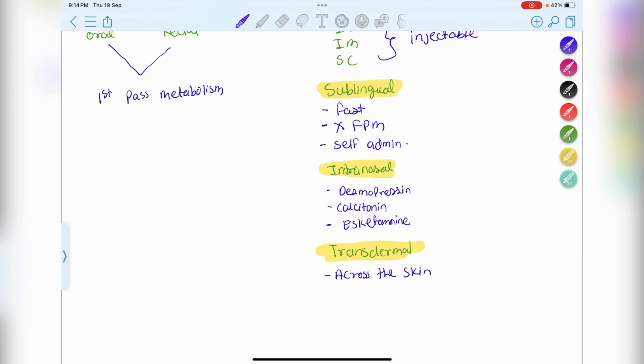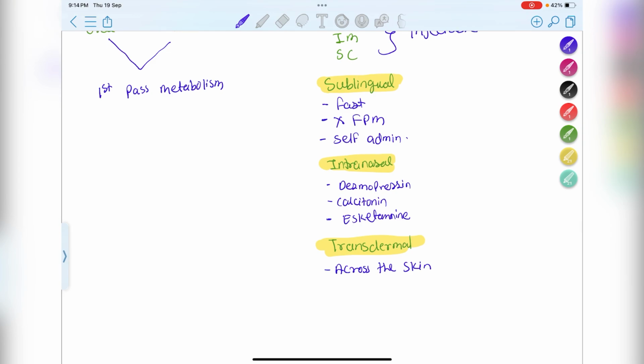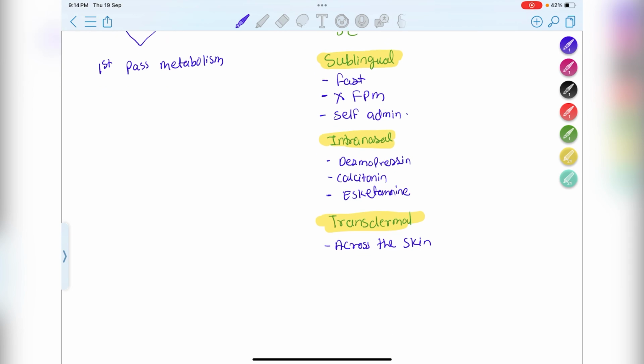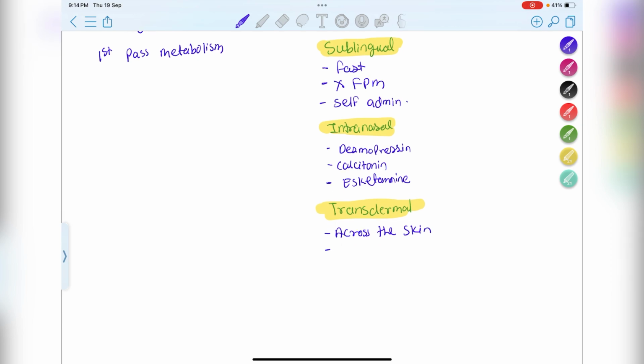Sudden peaks are avoided. If we directly inject the drug into the body, like in the bloodstream, the concentration of the drug will suddenly increase in the body. But the benefit of the transdermal patch is that the drug will be slowly absorbed, so the sudden peaks are avoided.